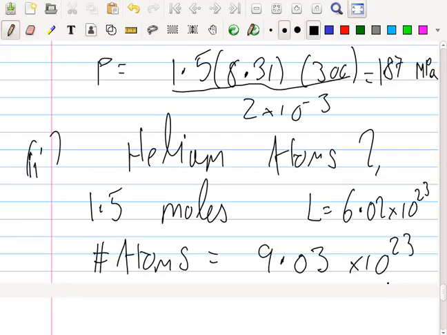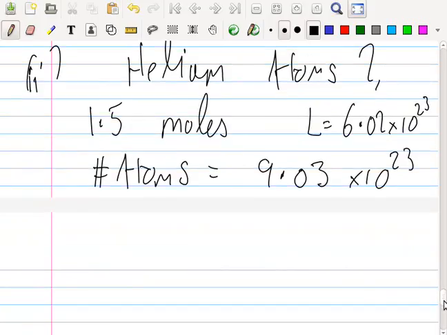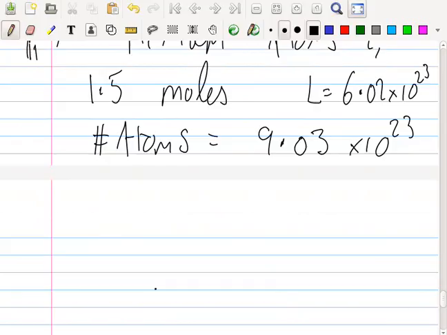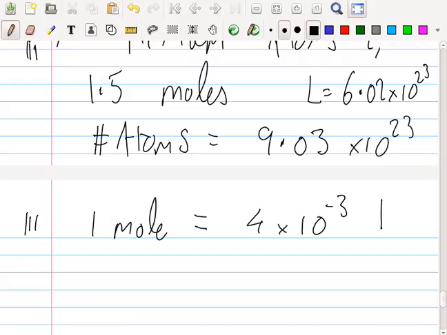If the molar mass of helium is that, determine the mass of one atom of helium. So that means 1 mole of helium is that much. 1 mole equals 4 times 10 to the minus 3 kilograms.